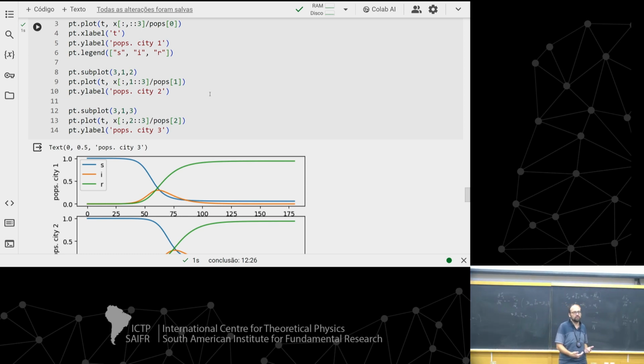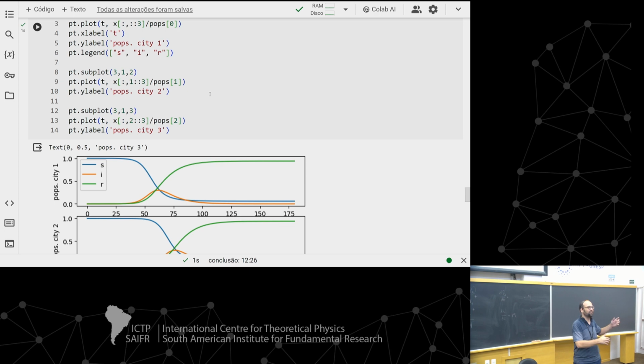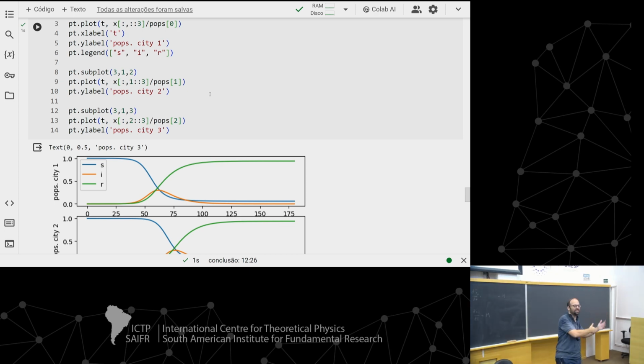So in the spatial case, it doesn't change anything. You don't have people moving through cities in the same way as they move through age classes. So it's actually different, but at very short time scales, they look the same.